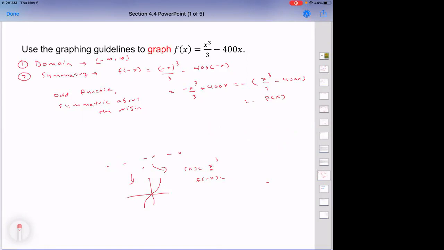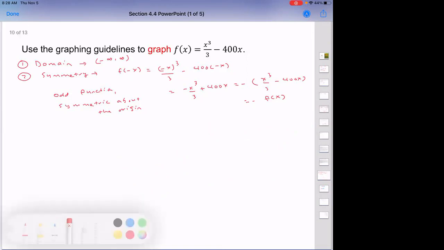Okay, what's next? Find the derivatives and determine the critical points, and find the inflection points if there are any. Okay, so let's do that. Number 3, the third step is derivatives.